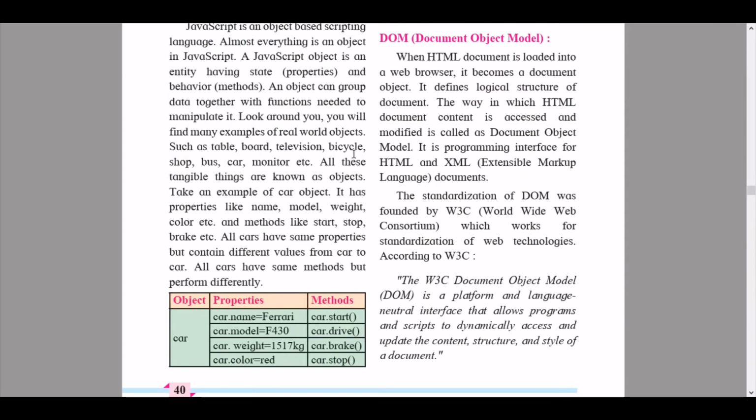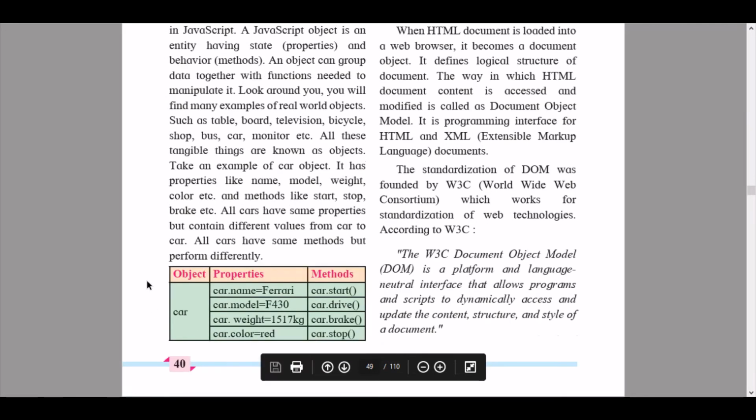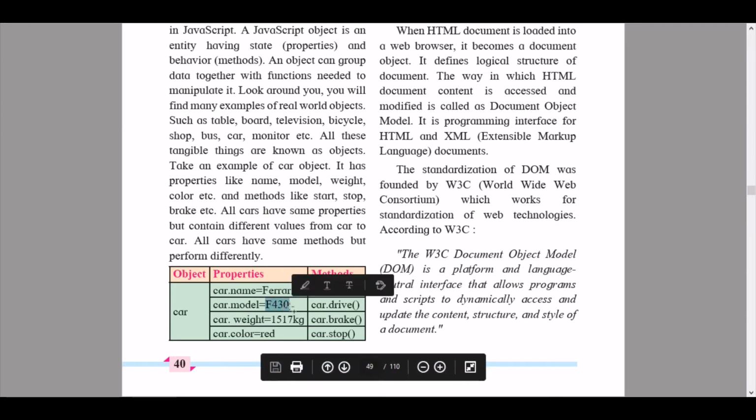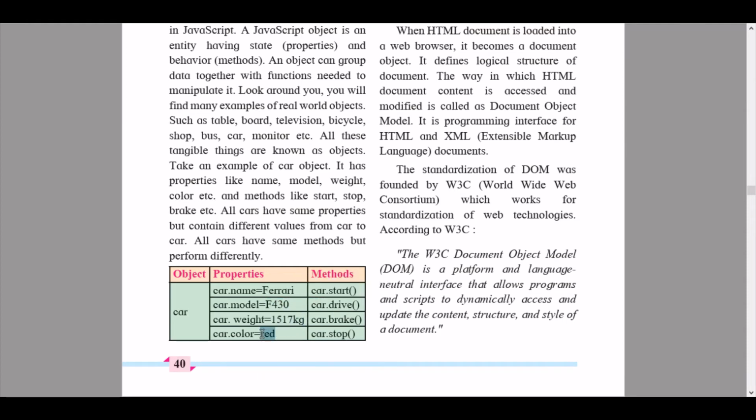So here we scroll down to the table given to us as an example, giving us the car as the object and the different properties of a Ferrari car. Here the car model's name has been given, the mass has been given, and the color of the car.